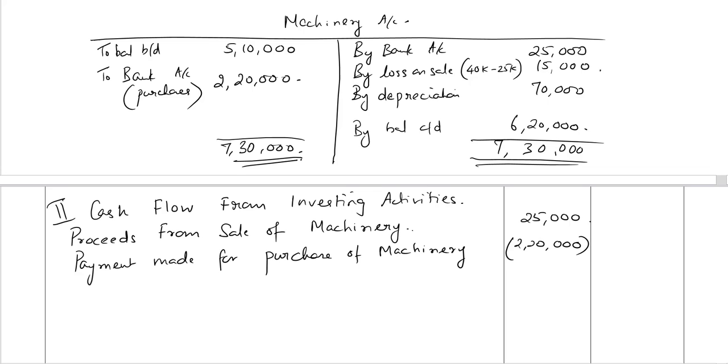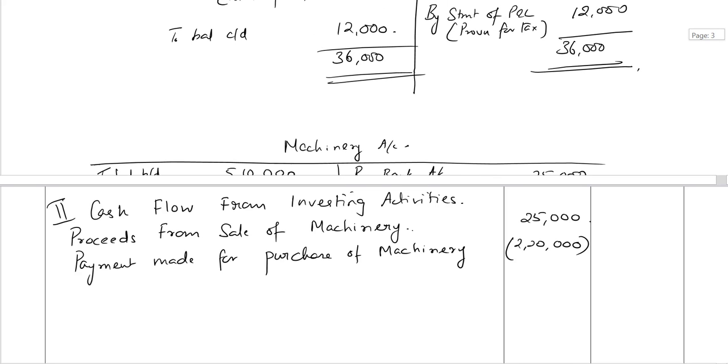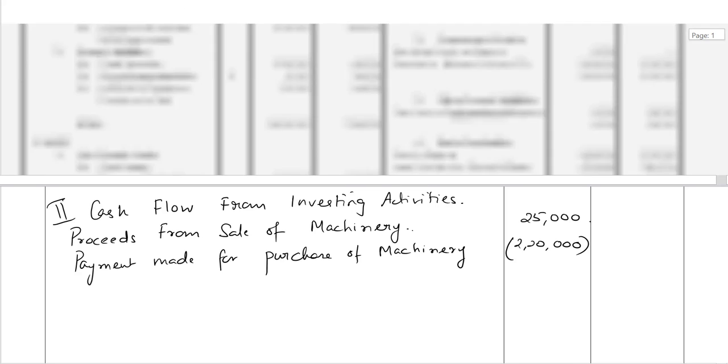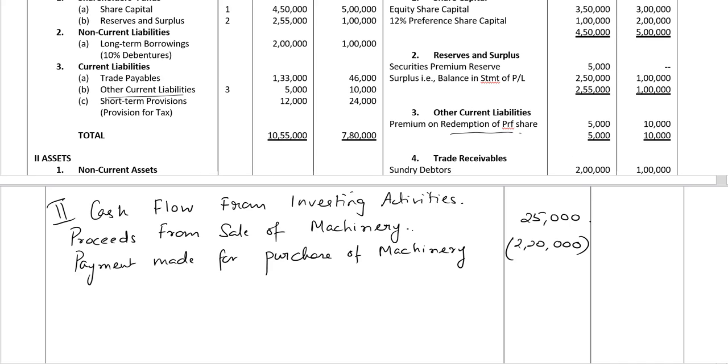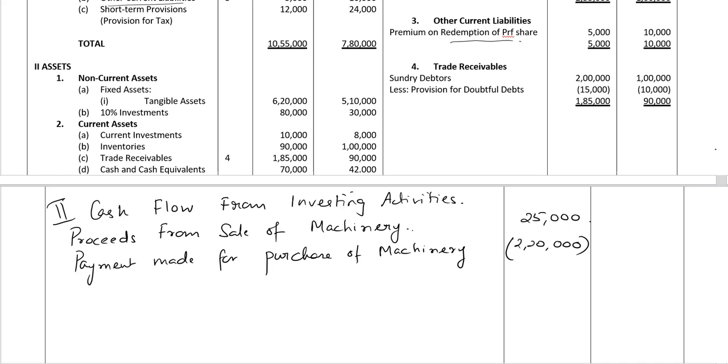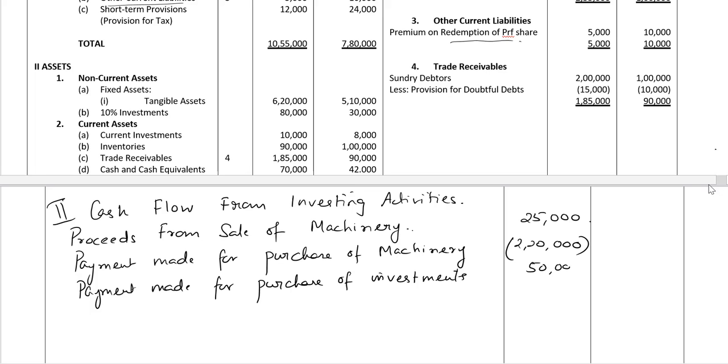Let's check whether there are any other fixed assets or investments from the balance sheet. There's a 10% investment which has been purchased for rupees 50,000. Payment made for the purchase of investments. Outflow 50,000 rupees.